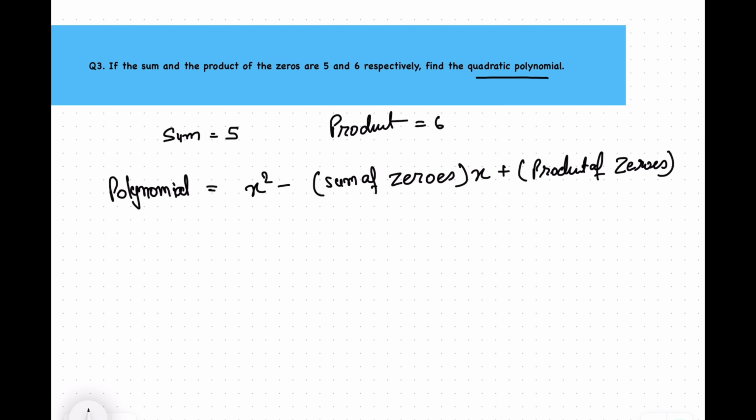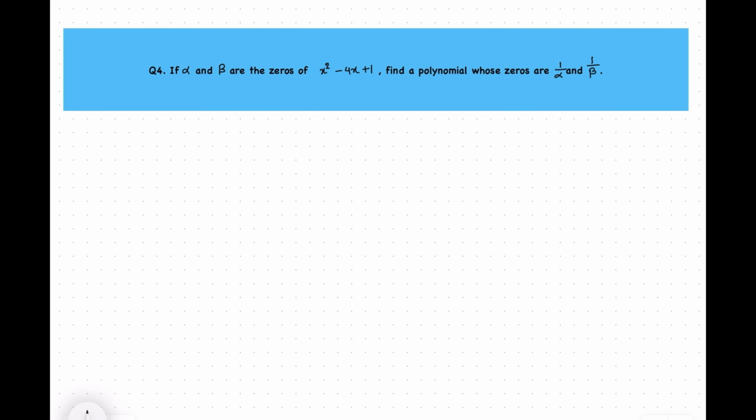Okay, so the sum is given 5, so simply we can write x squared minus 5 times x, and the product of zeros we can write 6, and this is the polynomial, and we can say this is the answer.